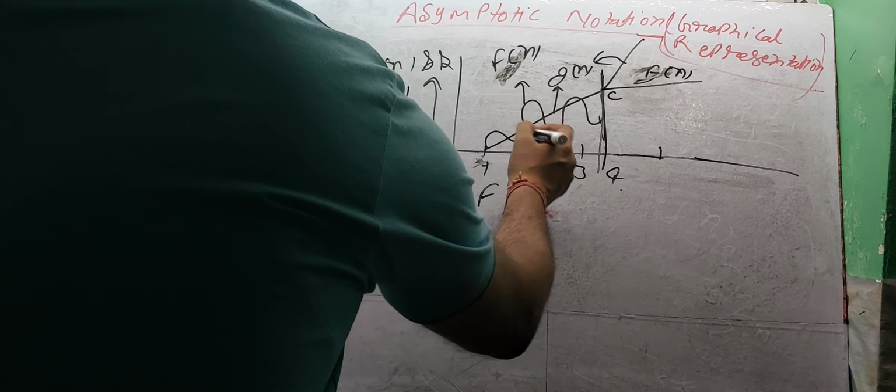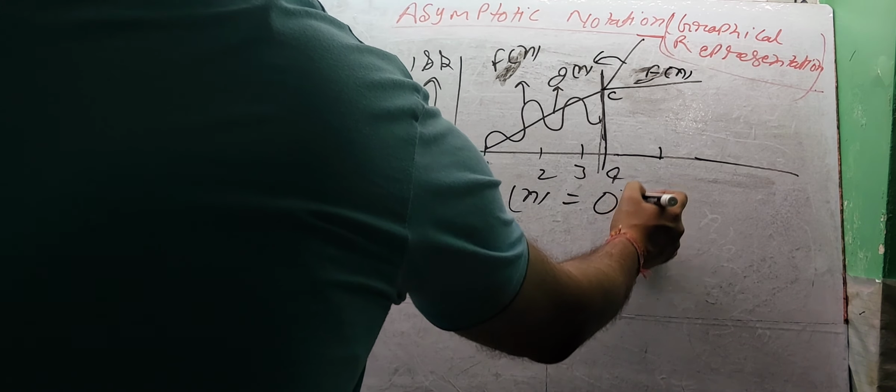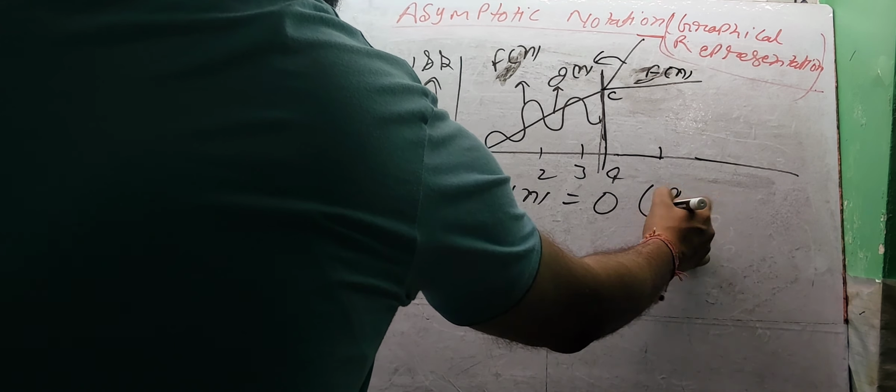If we are able to find some point, and beyond that point g of n is always greater than f of n by using some constant c, then this is nothing but omega notation. This is the graphical representation of f of n equal to big omega of g of n.